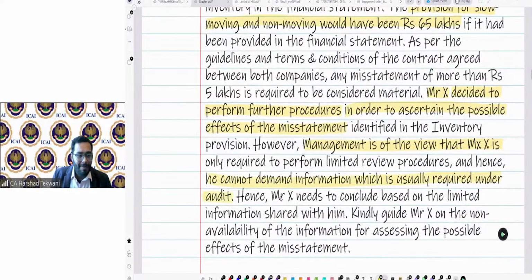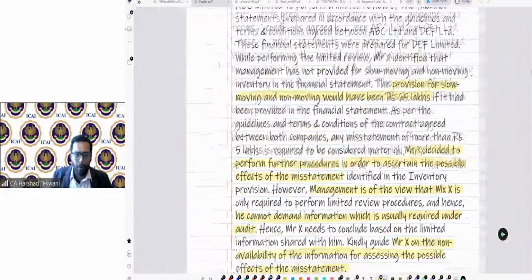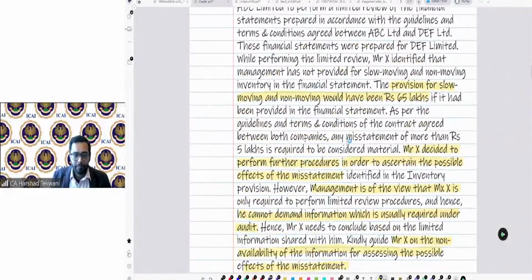So you need to guide Mr. X on what he should do on non-availability of the information for assessing the possible effects. So you tell me what Mr. X should do over here. Pretty simple, straightforward question.